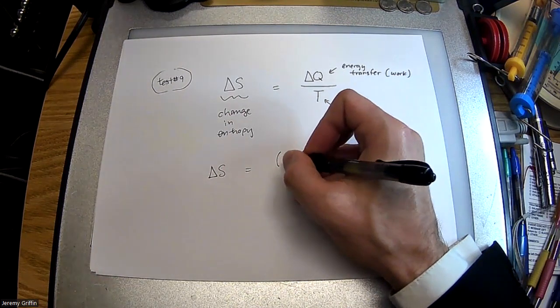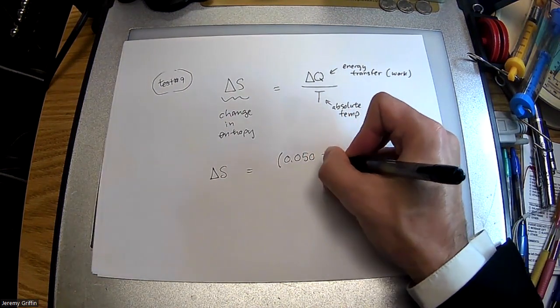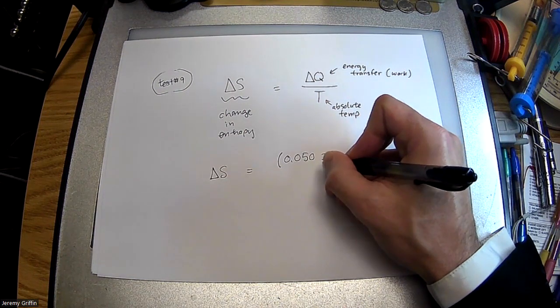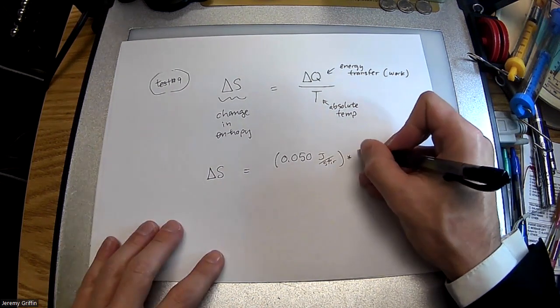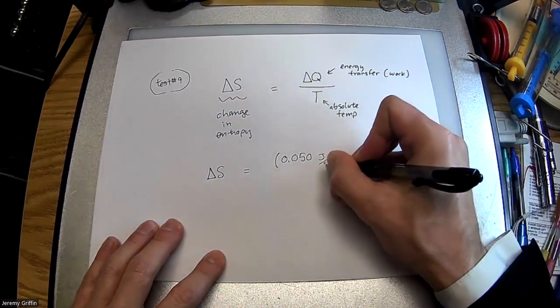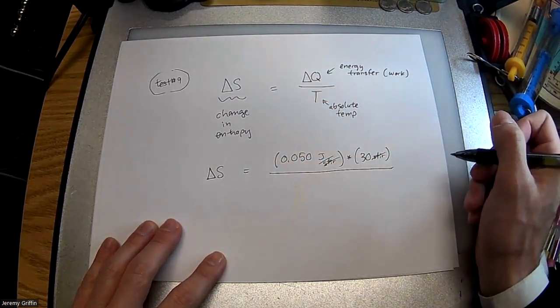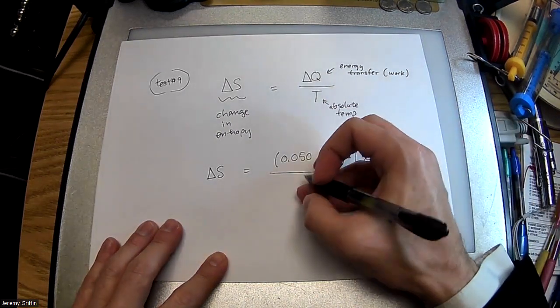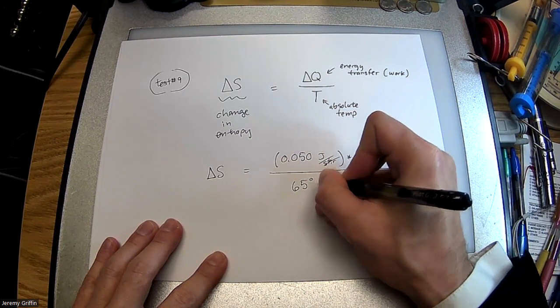Well, I did 0.050 joules of work per stir, multiplied by, I'm stirring it 30 times, 30 stirs, some number of joules I transferred, right? Then divided by, now I have a 65 degrees Celsius coffee, but I can't just divide by 65.